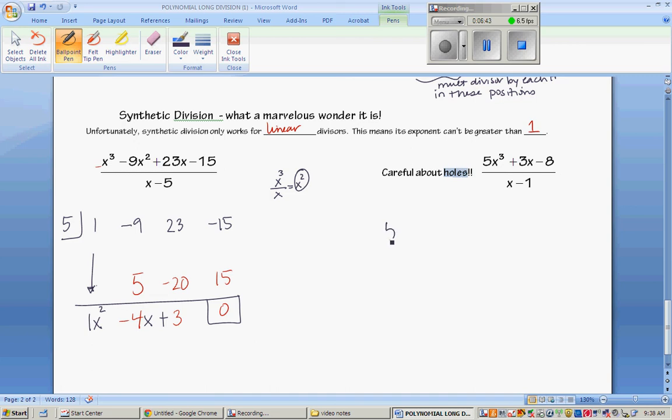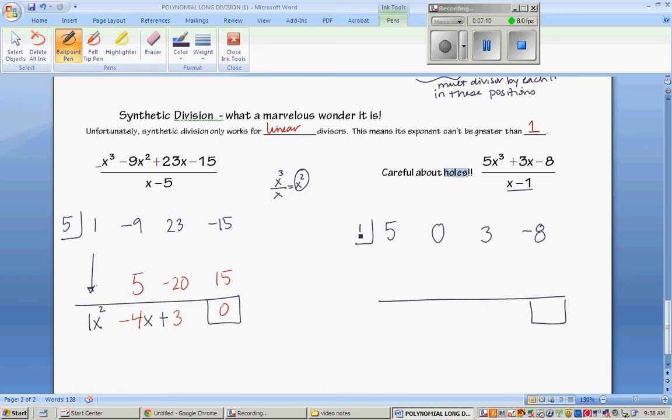So we have 5 x cubeds, but we have 0 x squareds. You must hold that place. You have 3 x's, and you have -8 as your constant. Take a moment and guess: what do you think we should write in this divisor spot? Remember, it's the opposite of what you want to say.